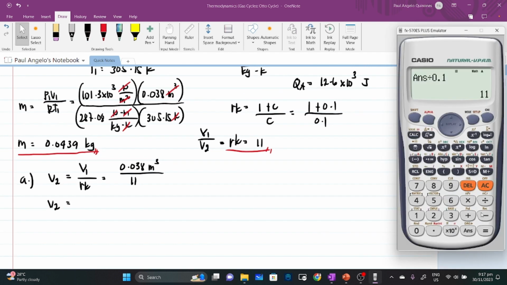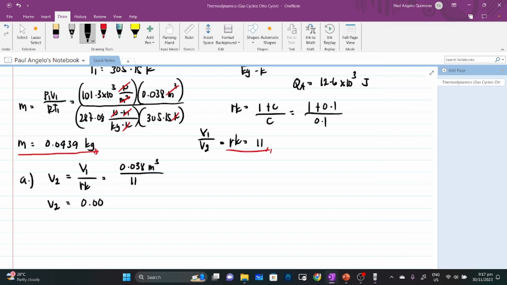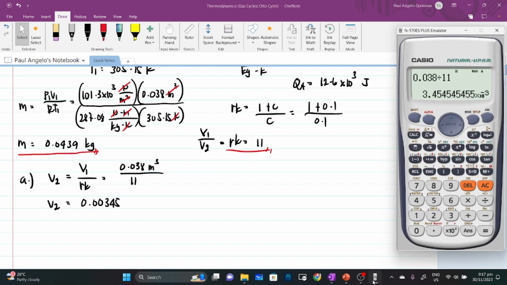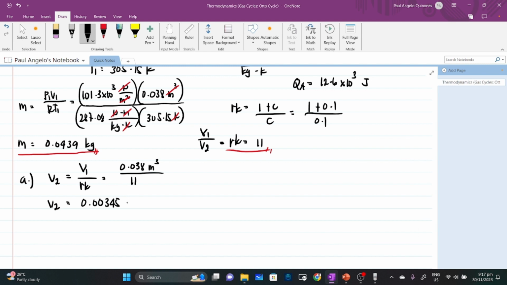Here we have 0.038 divided by 11, which is 0.00345 cubic meters. As you can see, the number of zeros with V sub 2 is greater, therefore it is a very small quantity. So this is your V sub 2, that is letter A.